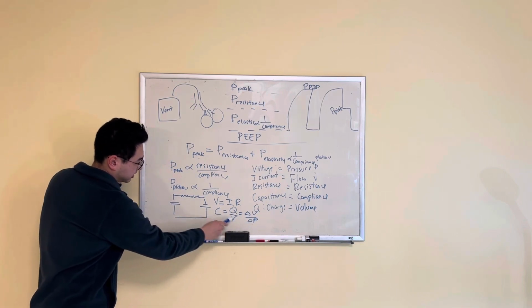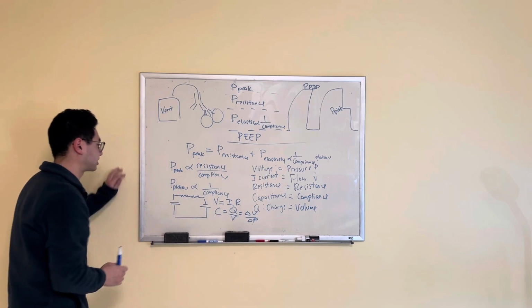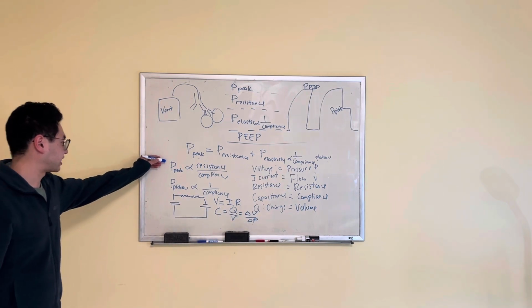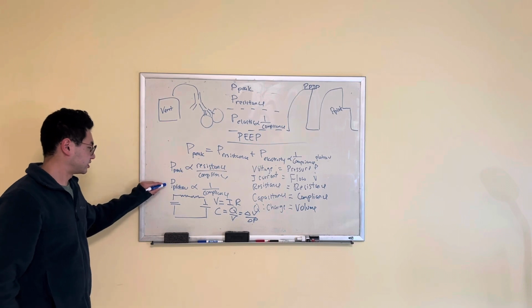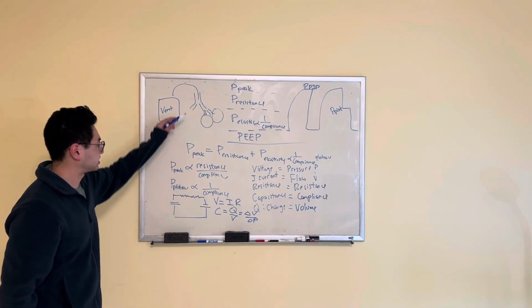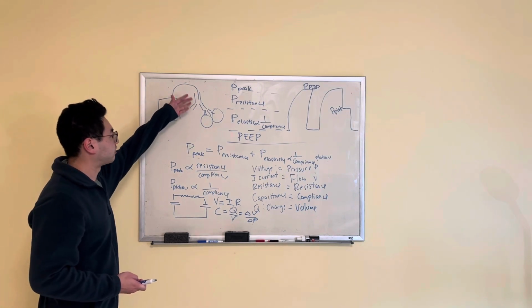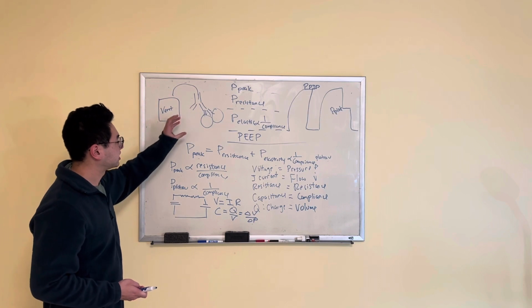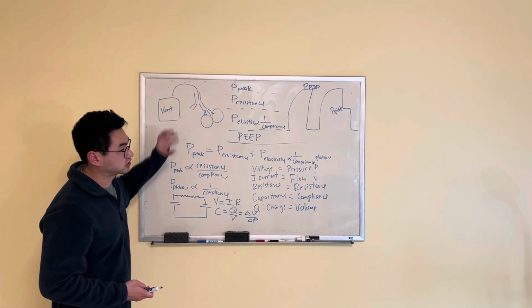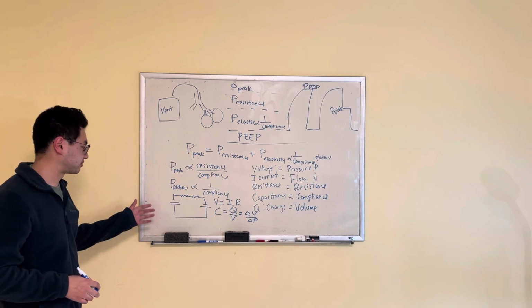If we moved it up here, it'd be inversely related to compliance. Pressure is in the denominator, compliance is at top. That's how we can show this. And we showed plateau pressure is the pressure when there's no resistance, because you've given just enough pressure to overcome all the resistance. Plateau pressure is looking at the pressures when resistance is independent.